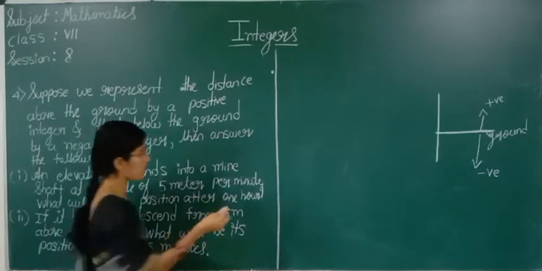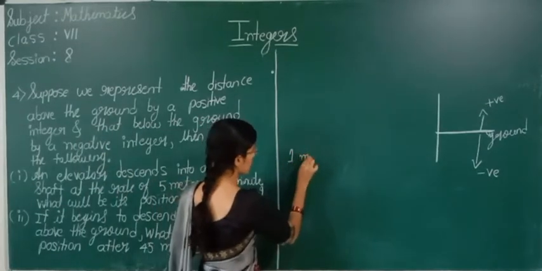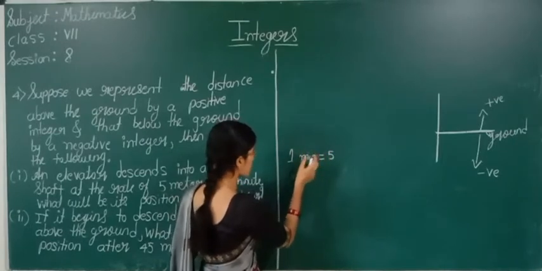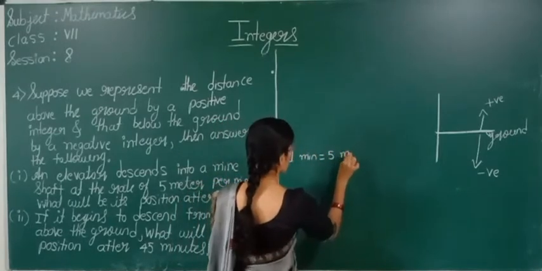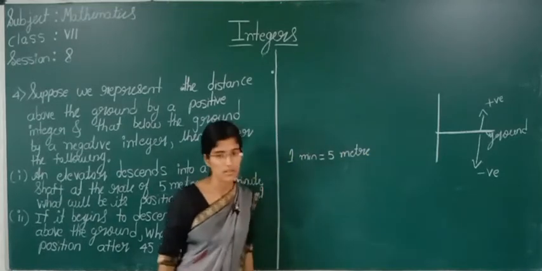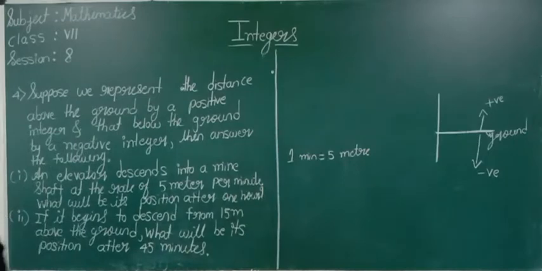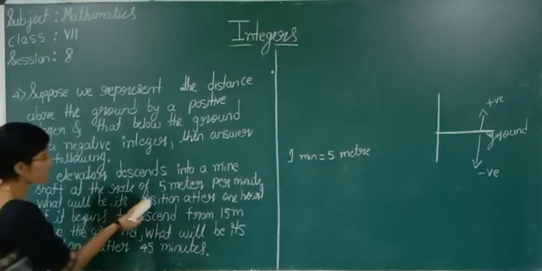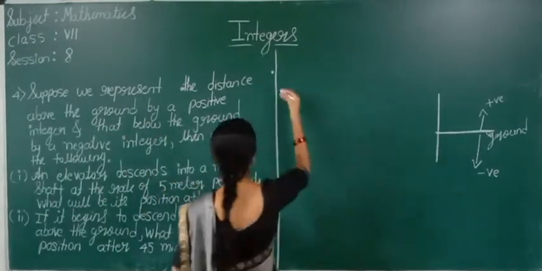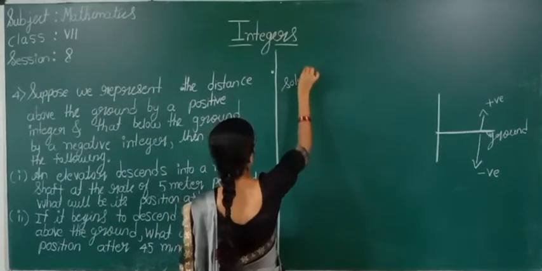If for 1 minute the elevator is going to cover a distance of 5 meters, this much they have given as a hint for us. They told us to calculate what will be its position after 1 hour. Now see here, solution.